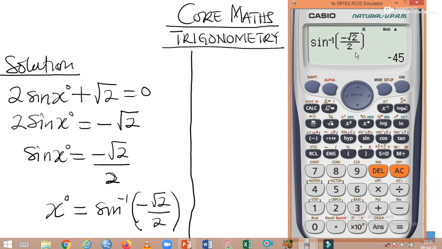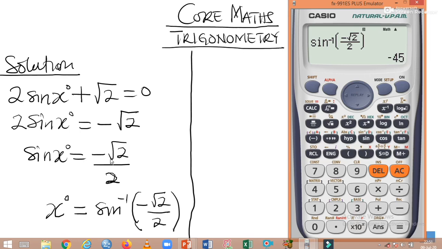Right, so sine inverse of negative root 2 on 2 is giving us negative 45 degrees. So now we have to know why we are getting negative 45 degrees.